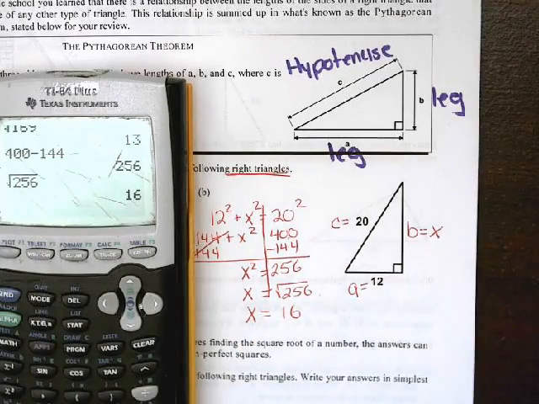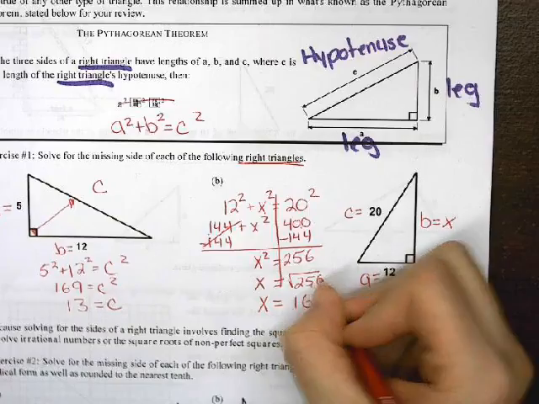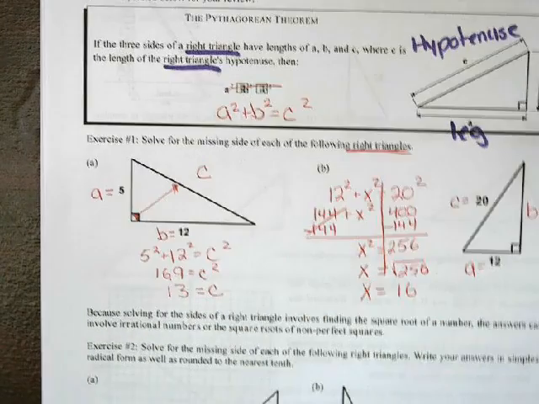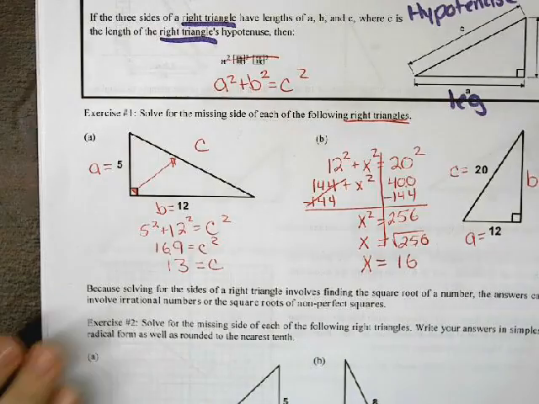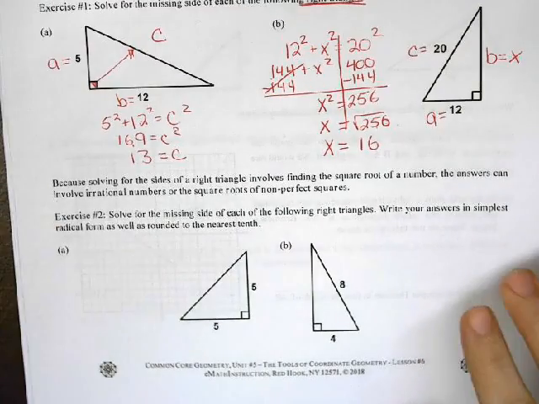These so far have come out to really nice numbers, meaning these were all perfect squares. Both 256 and 169 were perfect squares. We're going to get to some that are non-perfect squares a little further down on this page.